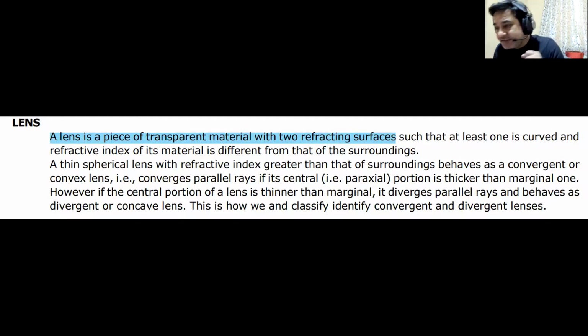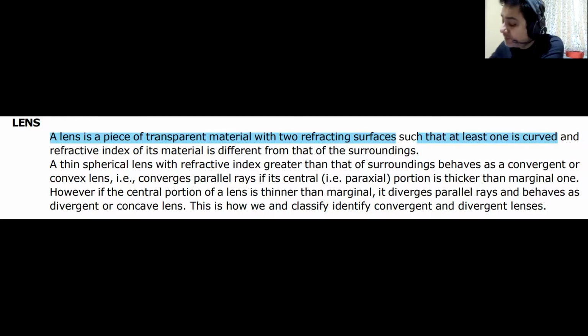What differentiates a lens from a prism or a transparent slab is that at least one of them is curved. If one of them is curved, the other may be plane or also curved, then that thing becomes a lens.